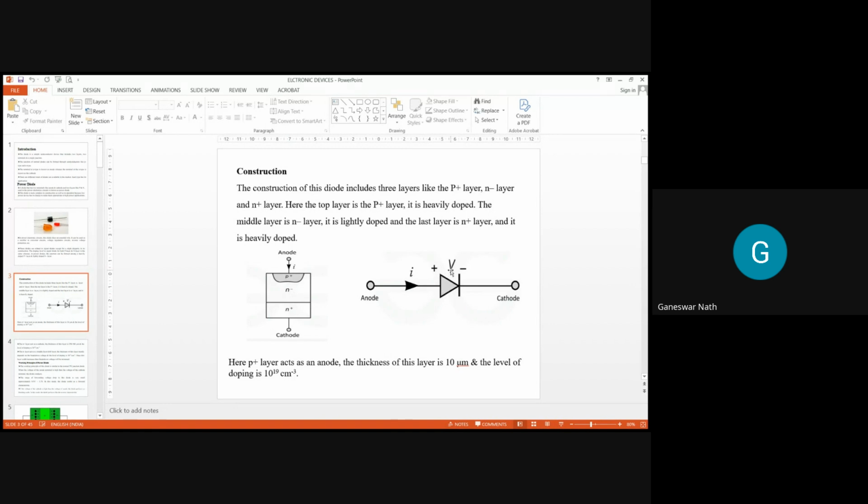So here the P plus layer acts as the anode, and the thickness of this layer is about 10 micrometer, and the doping level is 10 to the power 19 per centimeter cube. So you can see the doping is very high.